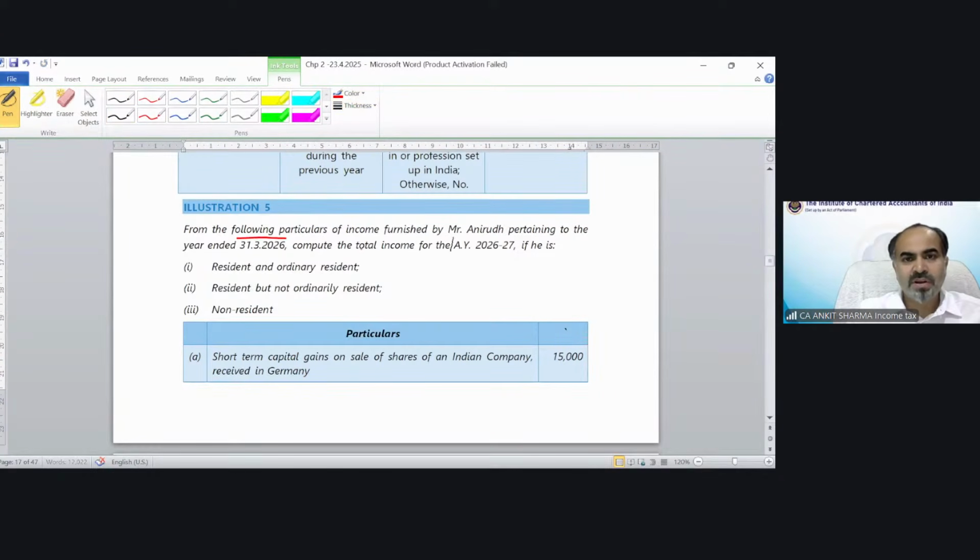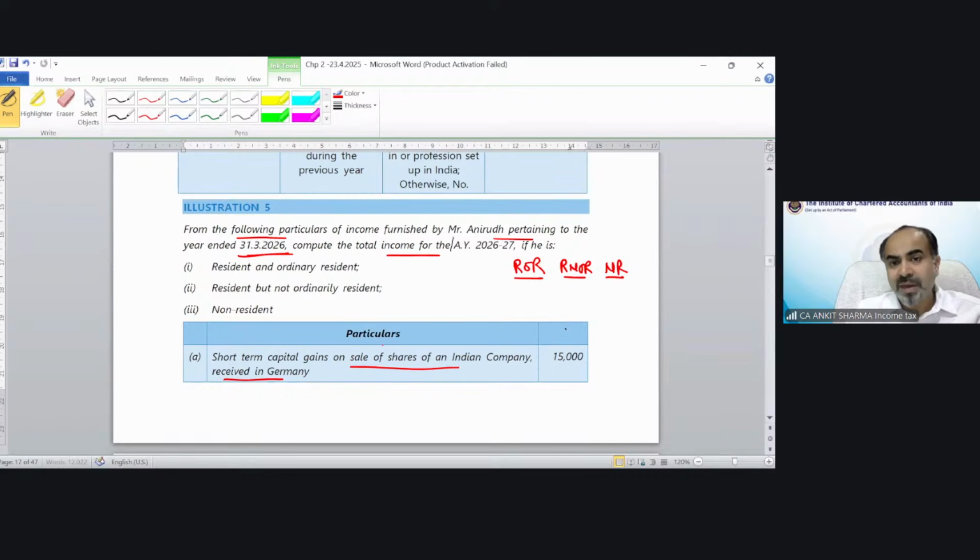From the following particulars of income furnished by Mr. Anirudh pertaining to the year ended 31st March 26, compute the total income in different situations. So the first point says short-term capital gain on sale of shares of an Indian company received in Germany. Now you have to tell me this 15,000, whether it's going to be taxed in case of ROR, RNOR, or non-resident.